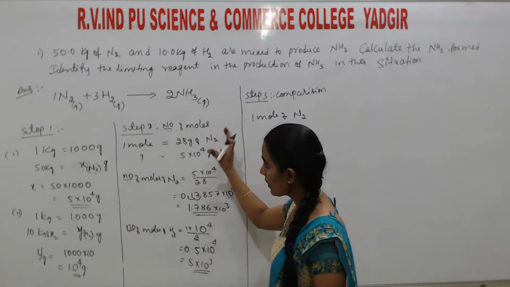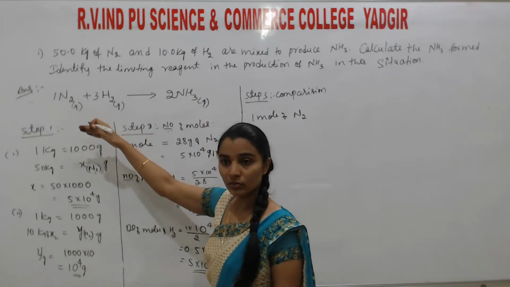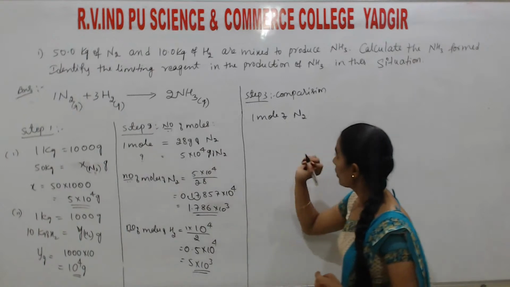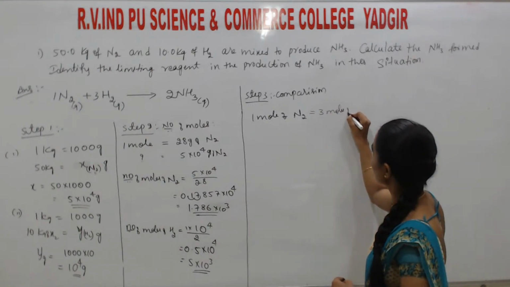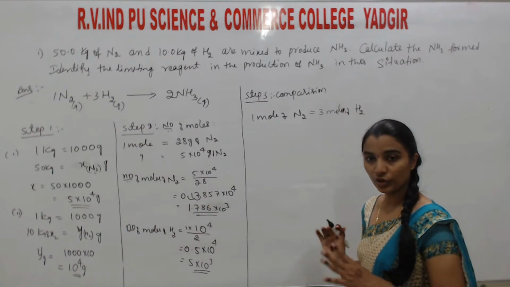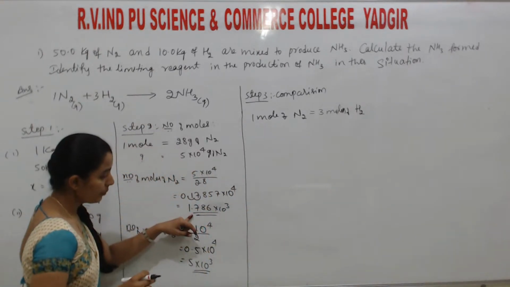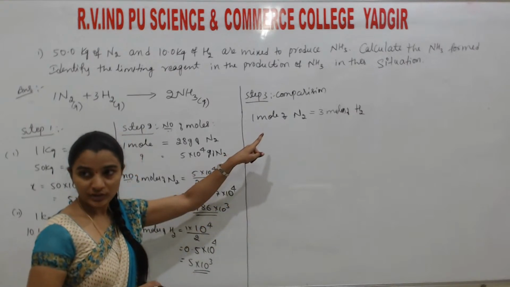That is always, each and everything is compared with the standard value. Given value is compared with what? Standard value. Here, 1 mole of N2 requires 3 moles of H2. Here, 1.786 into 10 power 3 moles of N2 is there.